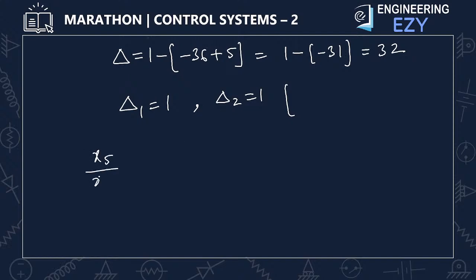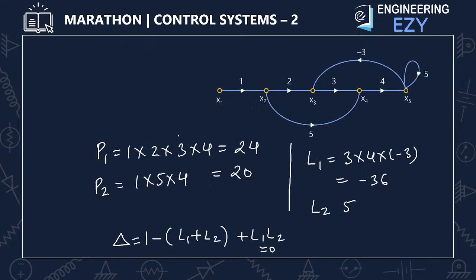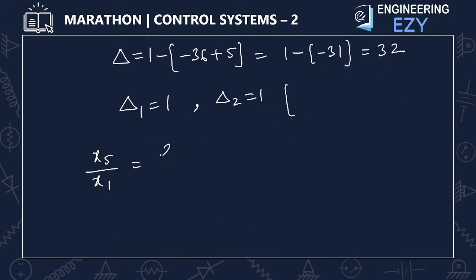X5 upon X1, if I calculate, is P1, which we have calculated as 24, multiplied by 1, plus P2, which is 20, multiplied by 1, upon del. Del is 32.